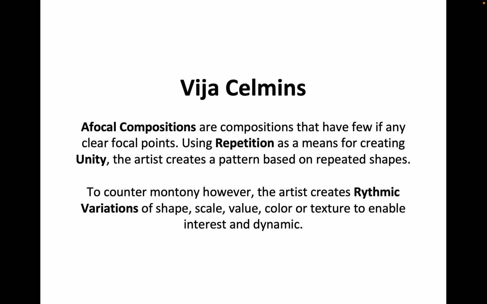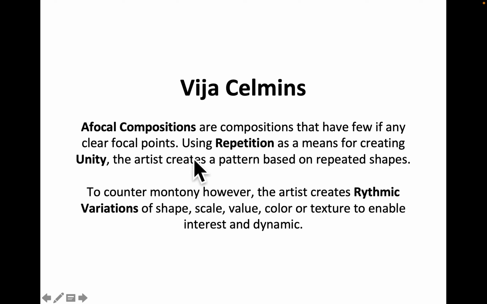Via Selmans is another artist that explores the same approach, but instead of using photography, she uses painting and drawing and printmaking. So she's going to be another artist who focuses on the afocal, that focuses on rhythmic repetition in an effort to explore unity and variation.